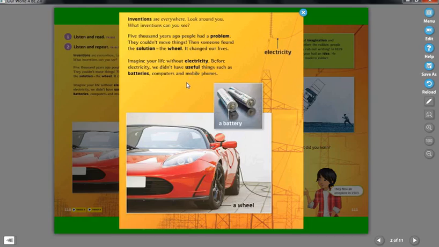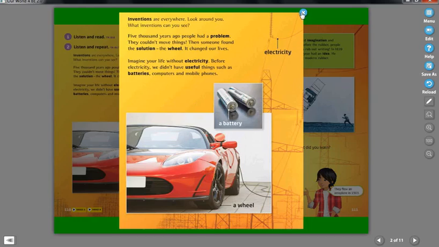What did they use? Here you can see that people didn't use anything. They just used natural things, but they didn't invent anything. They didn't use batteries, they didn't use computers, they didn't use mobile phones.